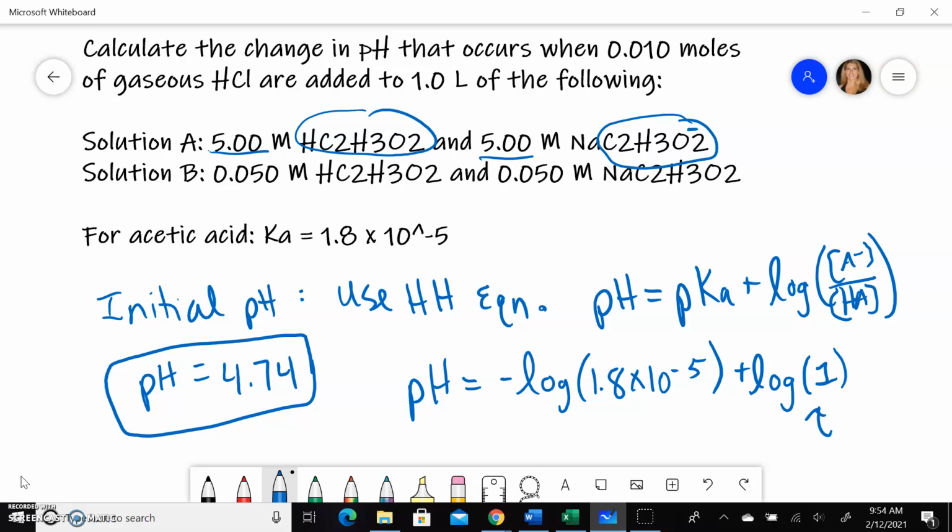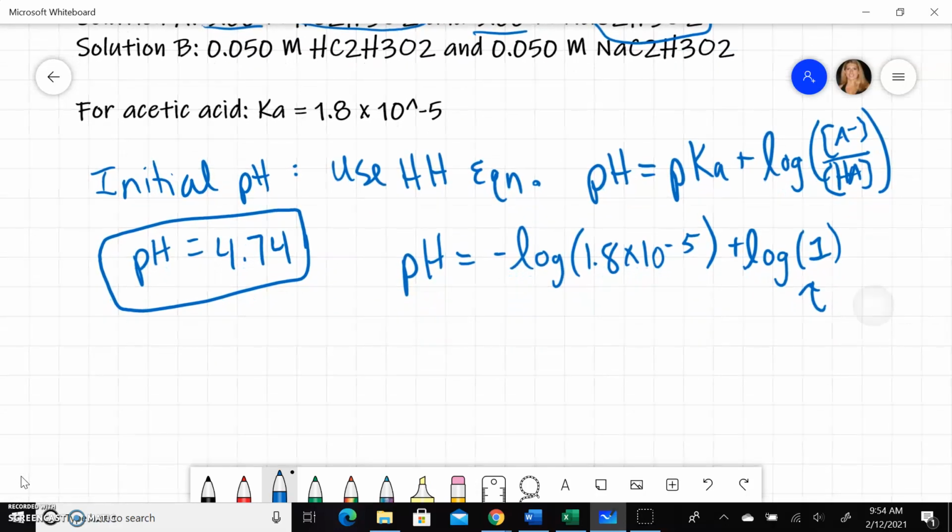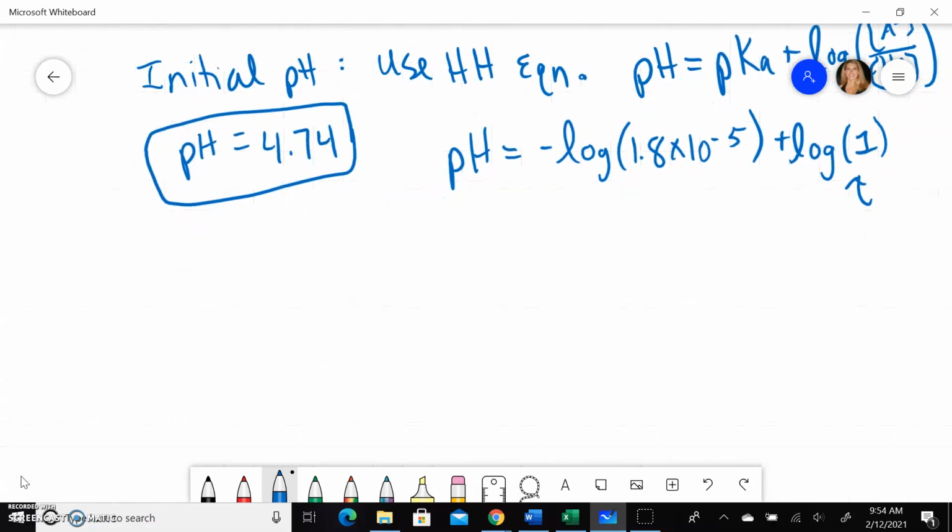So we're going to now add some strong acid, and what we want to see is how the pH changes. This is a buffer solution, so our prediction is that it's not going to change very much, but we're trying to see how much it does change with a strong acid. So let's list out everything that we have in this problem.